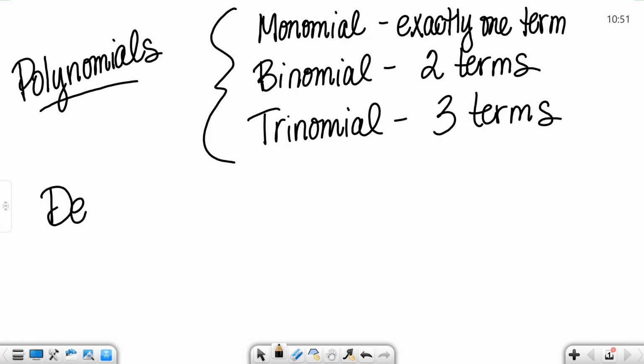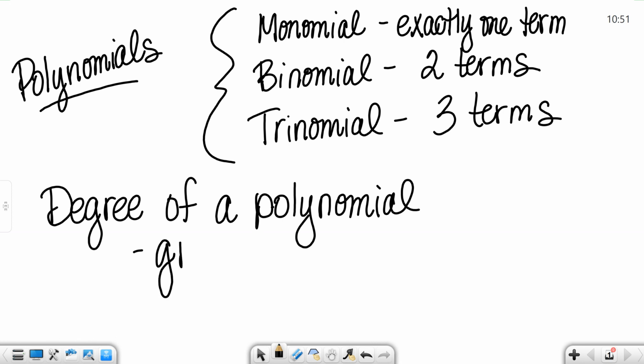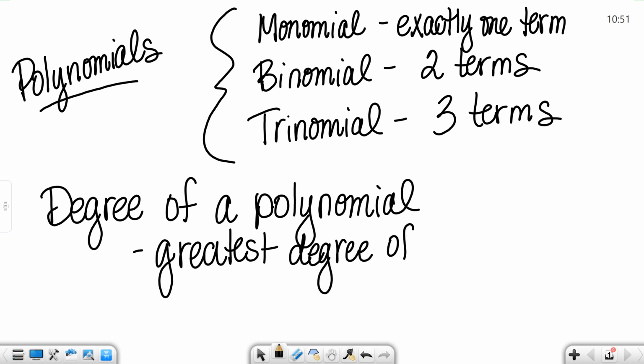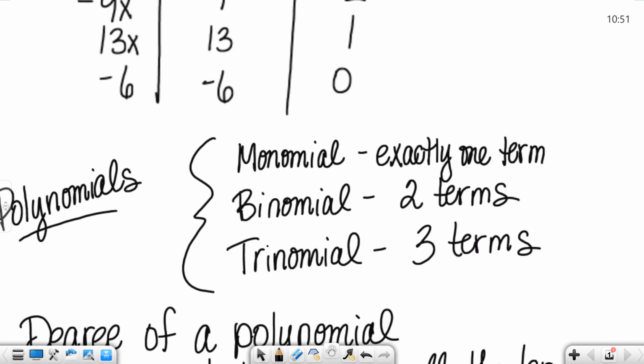All right, and so we talked about the degree of a term. Now let's talk about the degree of the entire polynomial. Not just the degree of each term, the degree of the polynomial. And so that would be the greatest degree of all the terms. So if we look back up at our table that we completed just a moment ago, so I'm going to scroll back so we can see that table.